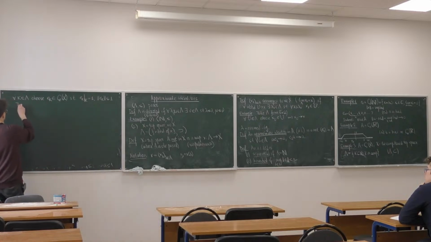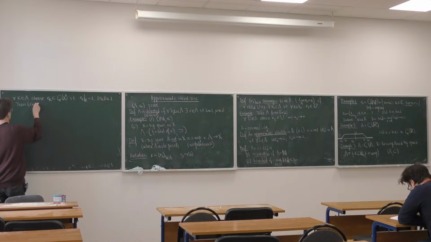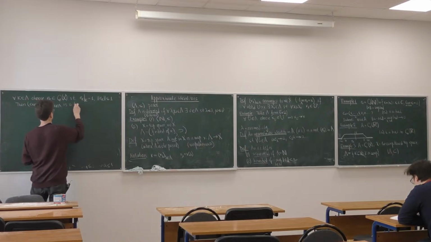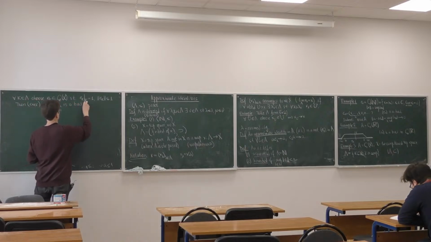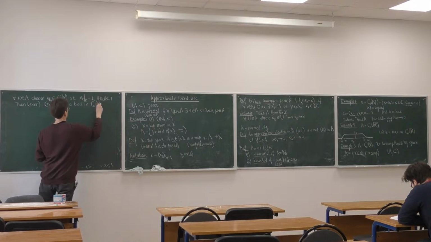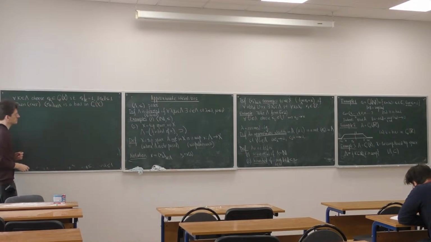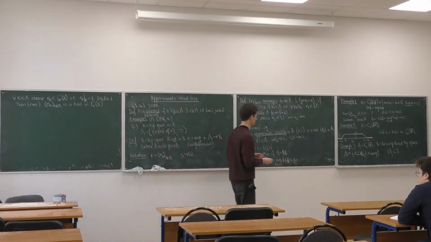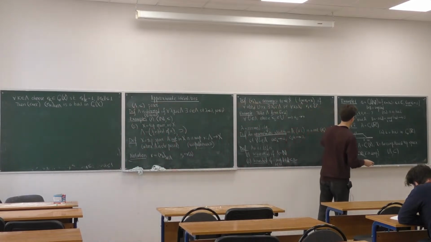Then it's a simple exercise to show that e_K is a bounded approximate identity in C0 of X. Of course, it is not sequential. In contrast to example 2, it is not sequential.